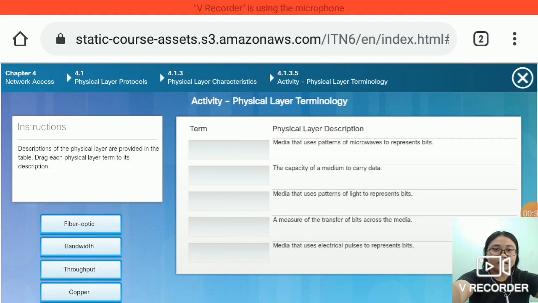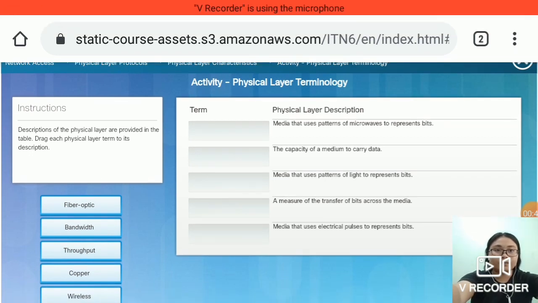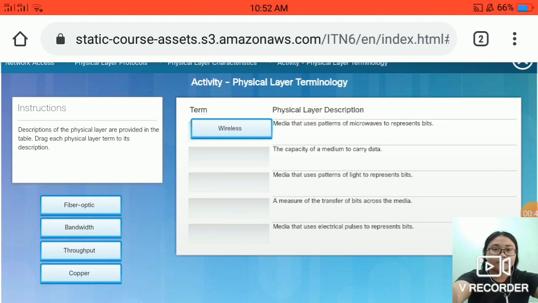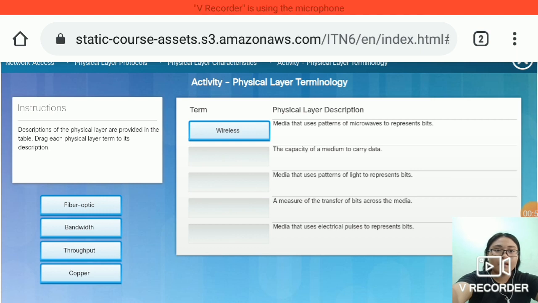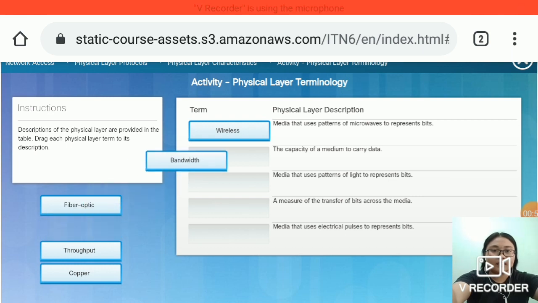The first is media that uses patterns of microwaves to represent bits. I think this is wireless. The capacity of a medium to carry data. I think this is bandwidth.